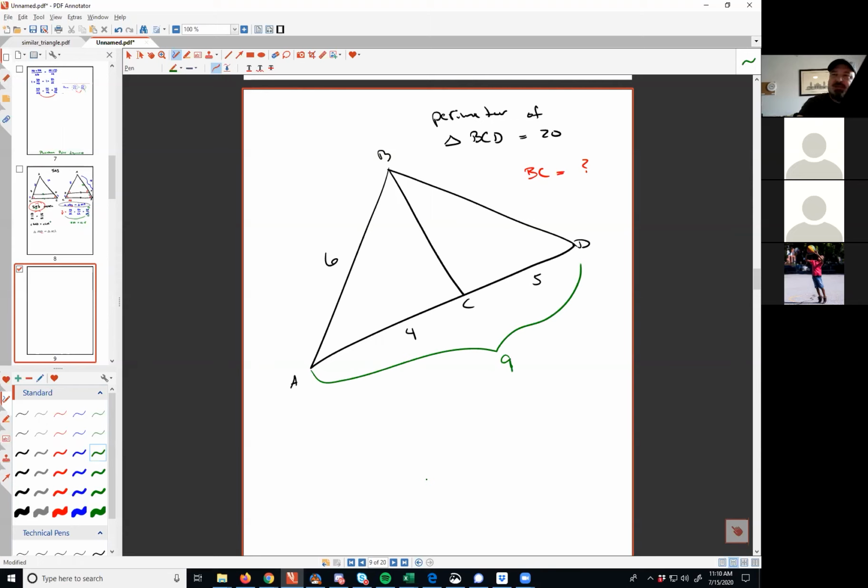Does somebody here spot a pair of similar triangles? Well, if we take ABD as a whole triangle, we realize that the other triangles are just parts of it. So we can see CD over AD is equivalent to AC over AD.